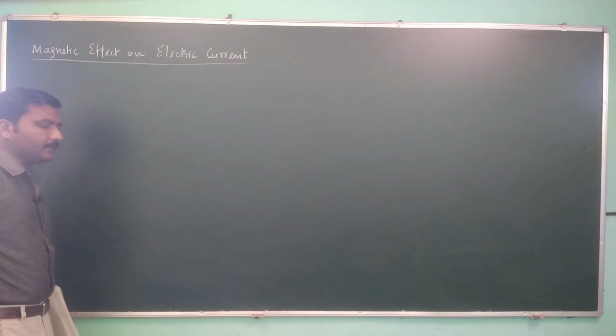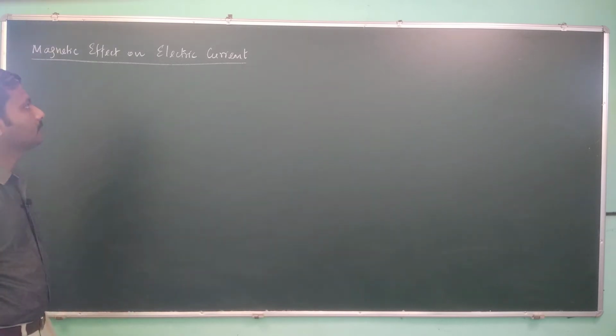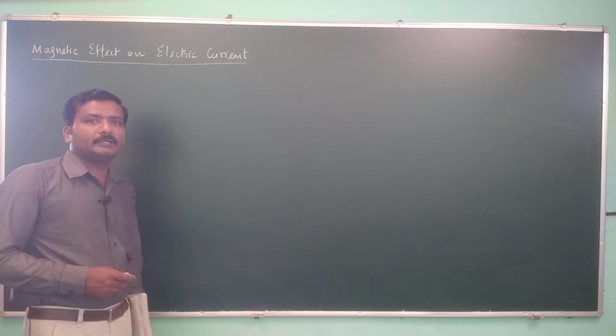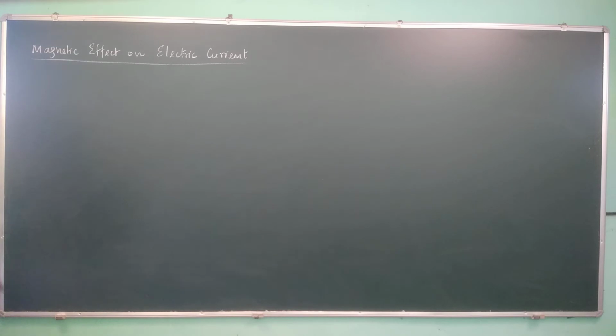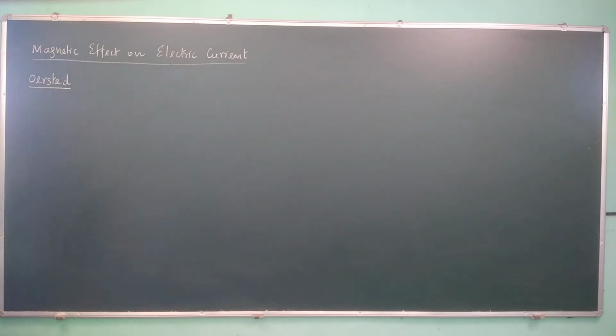How this branch of science has started. The background is a small experiment which was done by Oersted. So Oersted is the person who did an experiment.